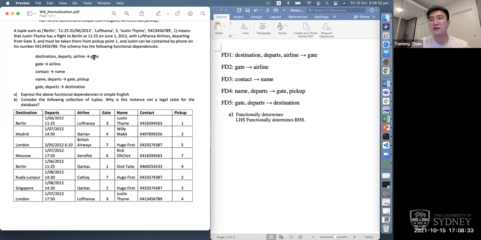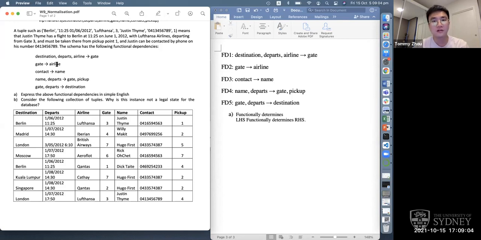So you might want to say there shouldn't be more than one gate assigned to a flight if we know its destination, departing at a certain time with a certain airline. So the correct way of expressing this functional dependency could be: an airline never runs more than one flight departing at the same time to the same destination, and each of those flights should depart from a single gate.